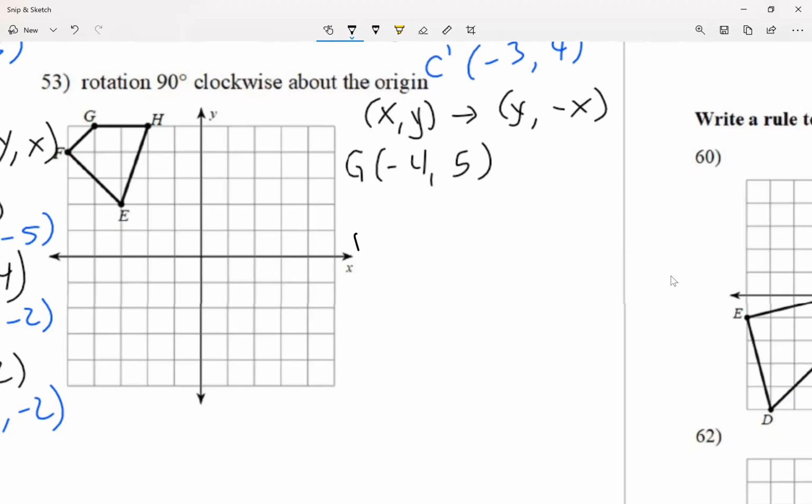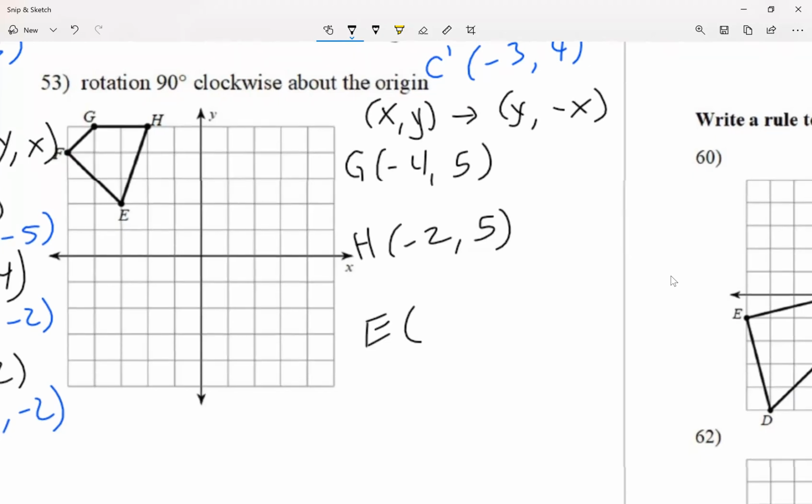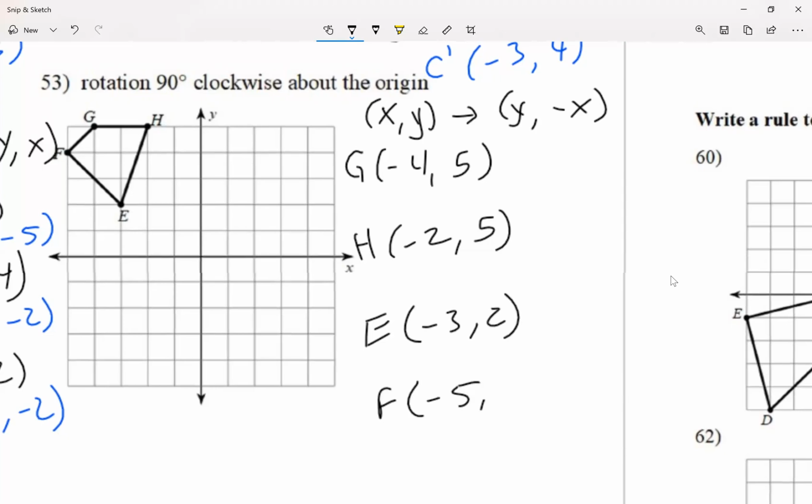H is (-2, 5). E is (-3, 2). And F, I have (-5, 4). Again, I'm doing many choices, but in your case, it's only going to be one point.